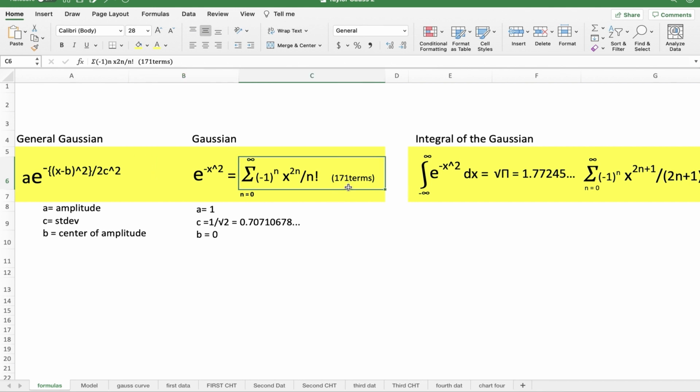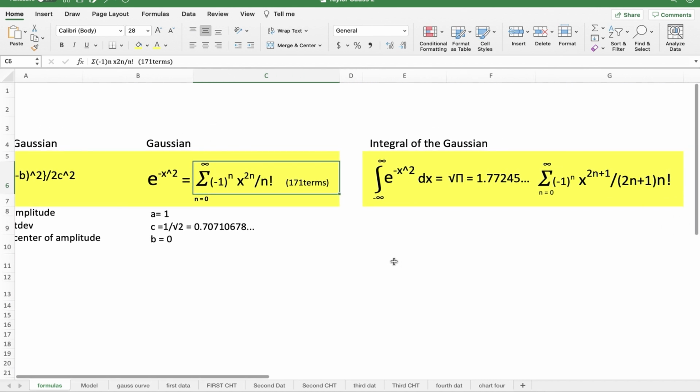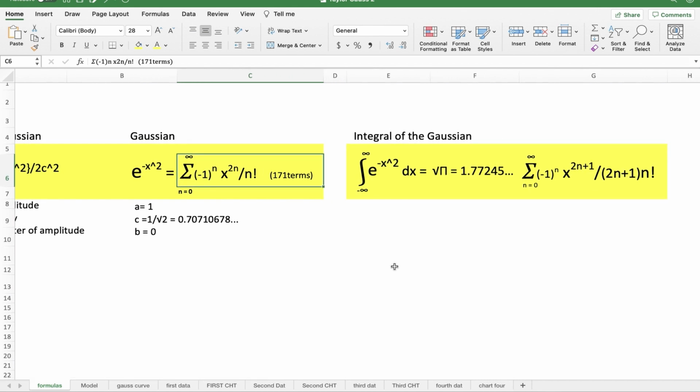In the model that we're going to be looking at, I carried it out to 171 terms. So we'll take a look at that in a minute, and we'll show how very accurately this polynomial, this Taylor series, mimics or describes the actual curve itself.